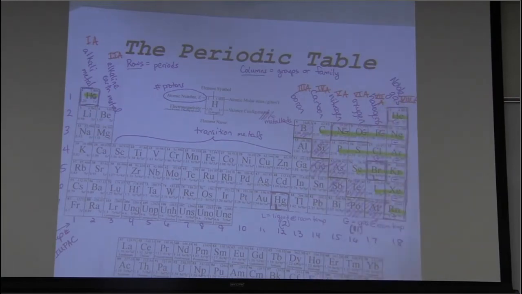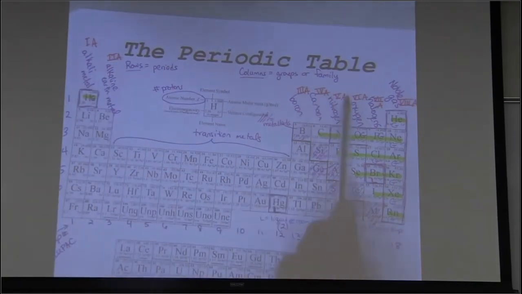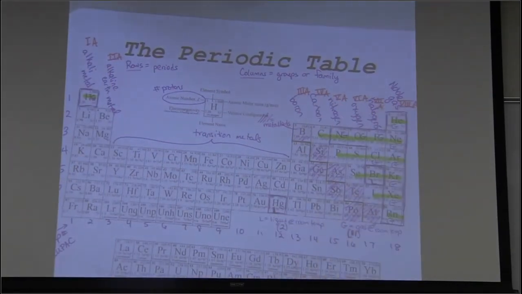But halogens and noble gas. Roman numeral 1A, 2A, yes. Do 1A, 2A, 3A, 4A, 5A, 6A, 7A, and 8A.